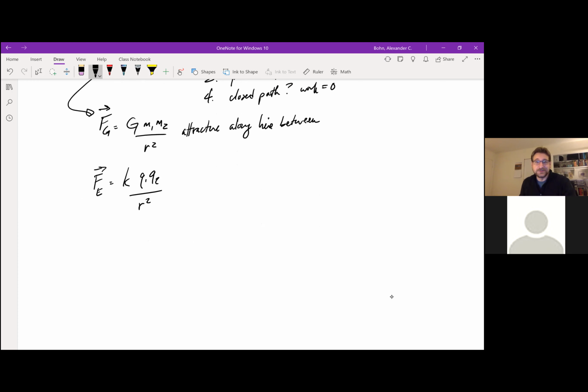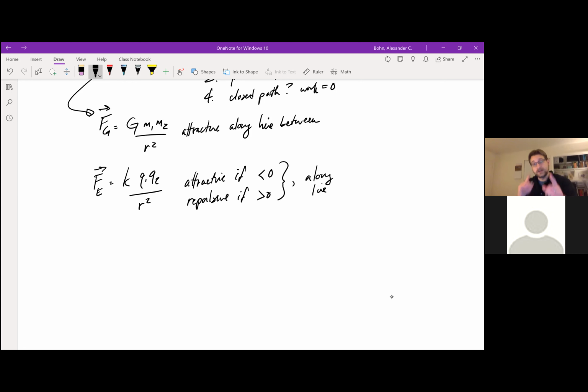I'd like you to consider, though, the Coulomb interaction. If the charges are of the same polarity, then the product will be positive and it's repulsive.